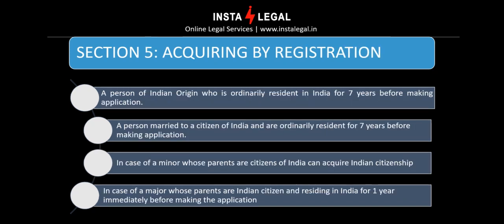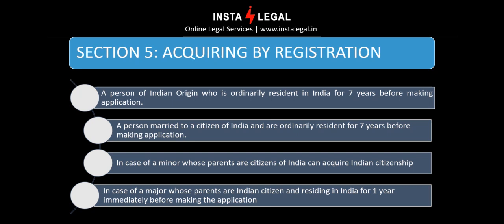Now we move on to Section 5 of the Citizenship Act, which lays the framework for getting Indian citizenship by means of registration. It says one can get Indian citizenship: A. If he or she remains an ordinary resident in India for 7 years before putting up their application.